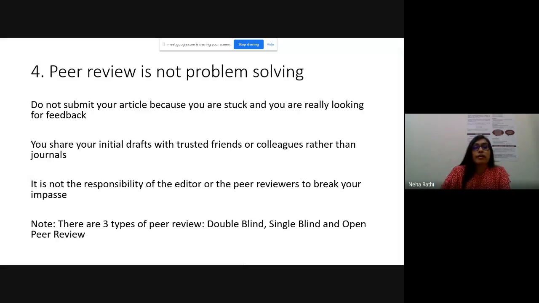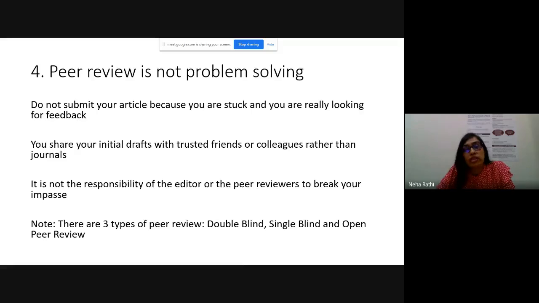Right, moving on to the next slide. Peer review is not problem solving. Now let me explain what peer review is first, then I will explain why it's not problem solving. Once you write a paper, you submit it to the journal, and then the editor looks at the paper.